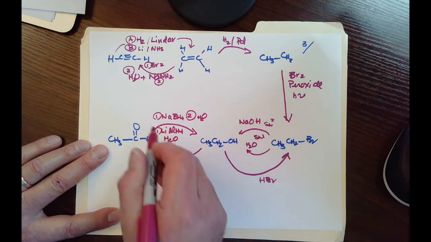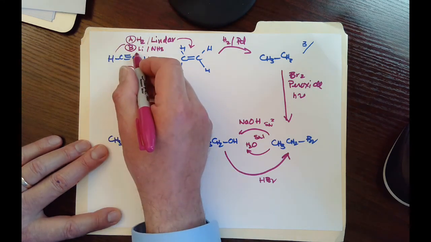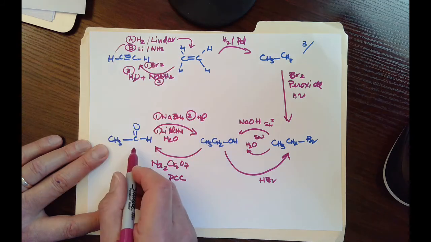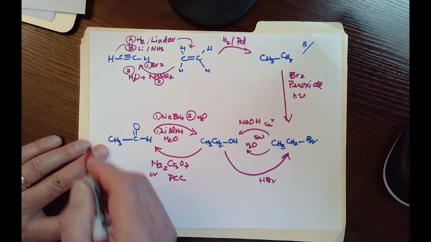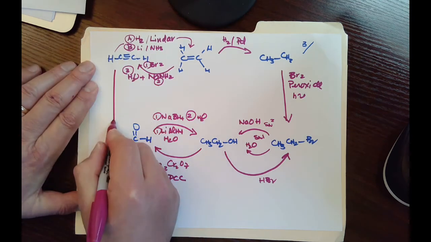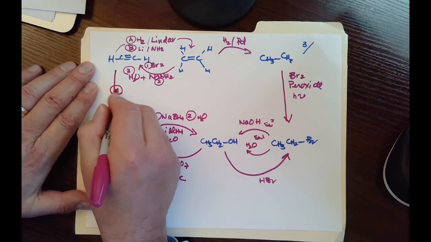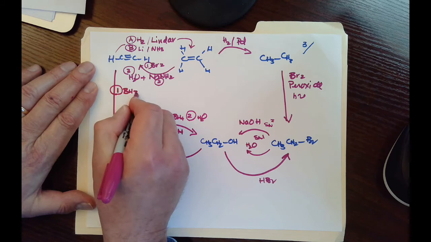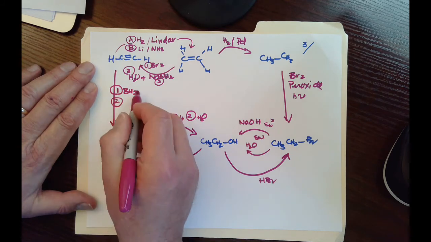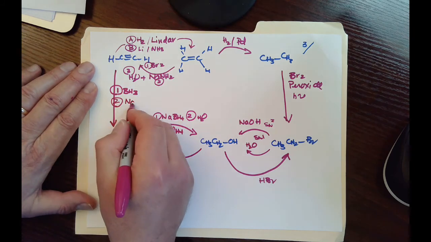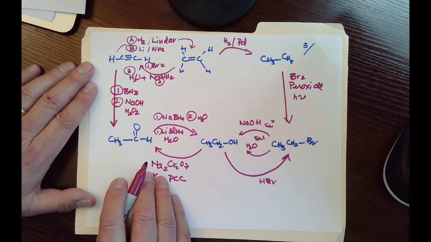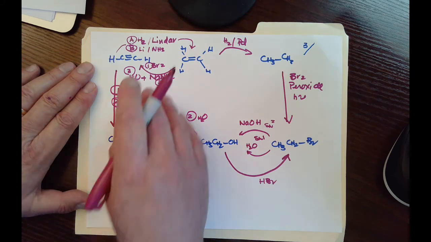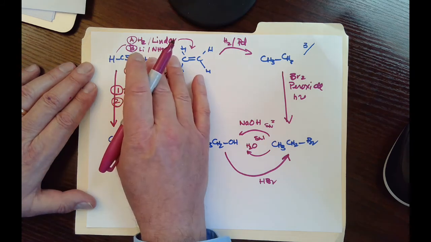Now, how would I go from the alkyne to an aldehyde? Only from here to here. Remember, we use boron. So if I use BH3, followed by sodium hydroxide and hydrogen peroxide, I can go from an alkyne to an aldehyde.